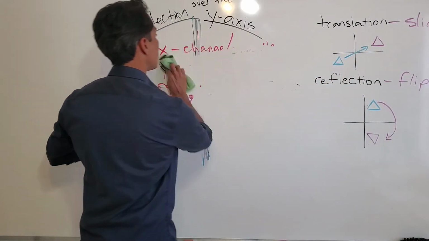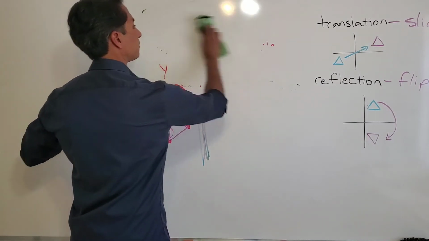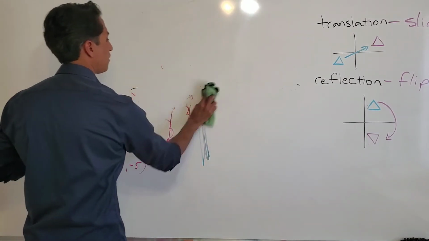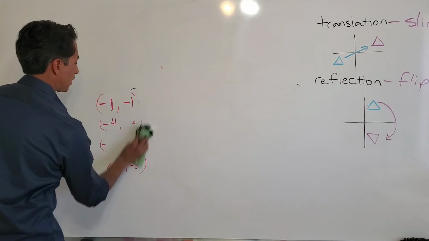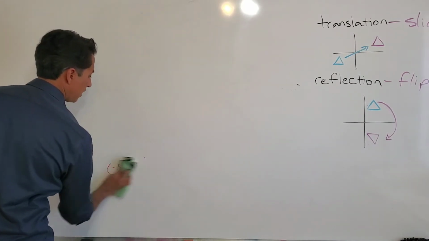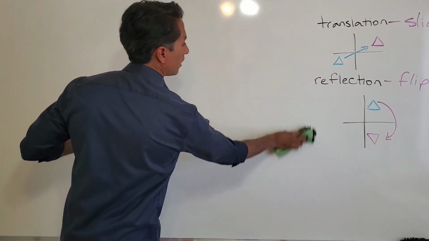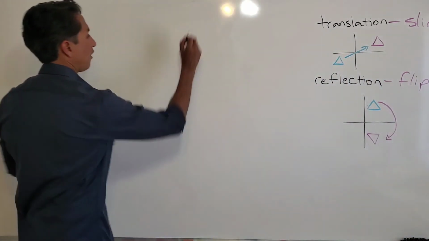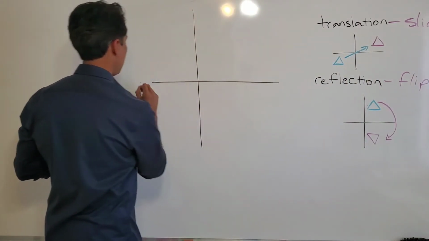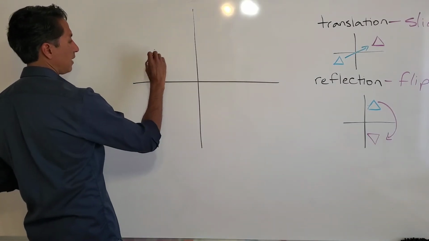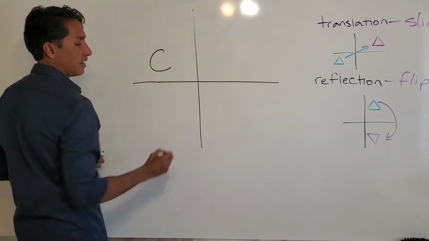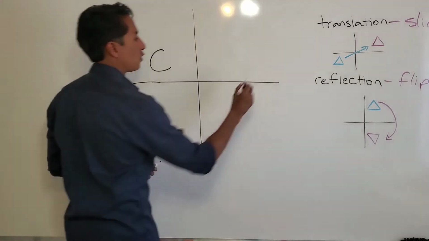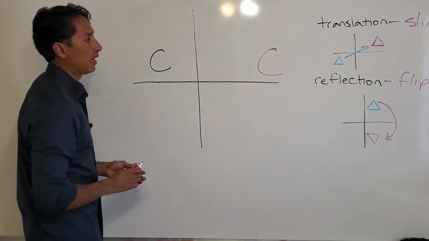So let me erase all this, because now they're just gonna give you a picture and say, hey, tell me what happened, okay? So let's see here. I have my coordinate plane. All right, let's say I got the letter C, and it's gonna move over to here, okay?